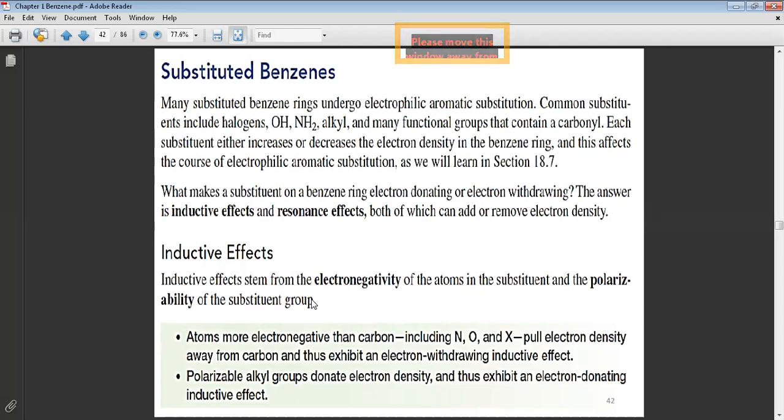Do you know what polarizable means? We took it before. This term, polarizable: we said the halogens are polarizable.